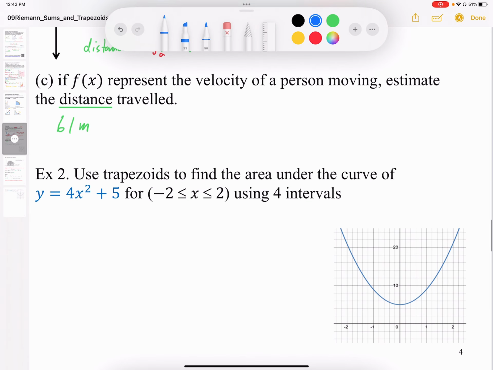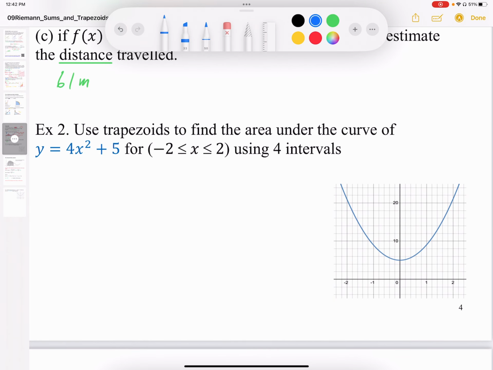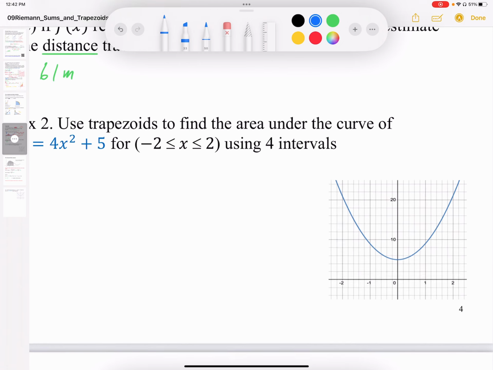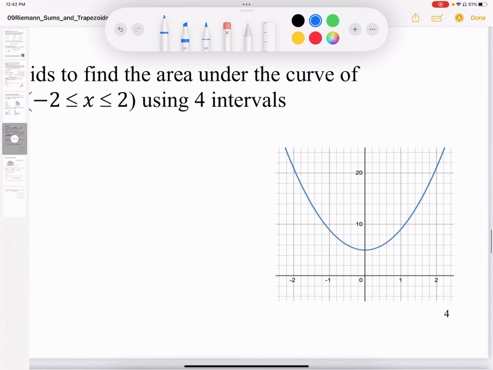Example 2. Use trapezoids to find the area under the curve of 4x squared plus 5. And that interval is from -2 to 2. And we're going to divide this into 4 intervals. Okay, so I've sketched a graph here. I'm just going to draw that in. So from -2, from this point here to this point here.